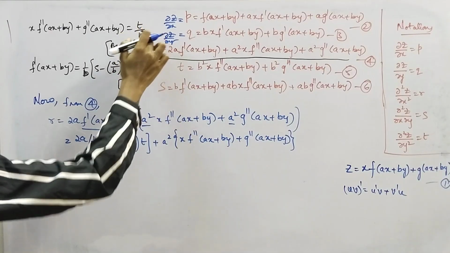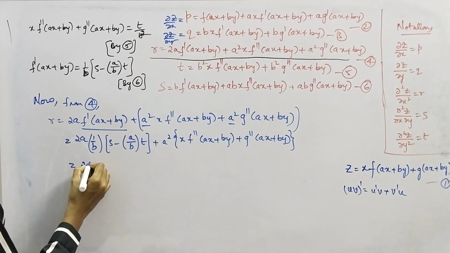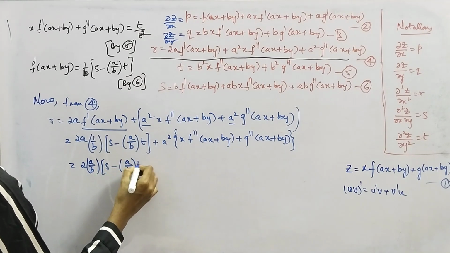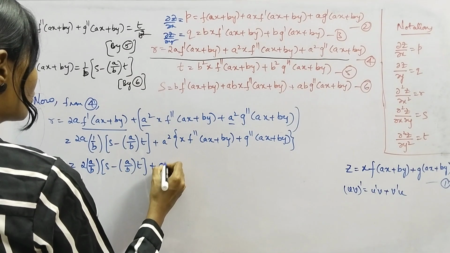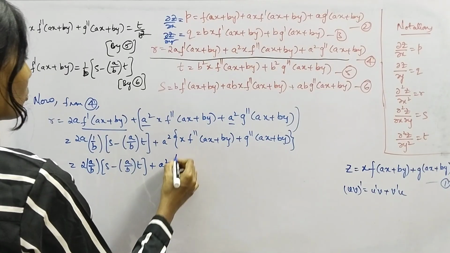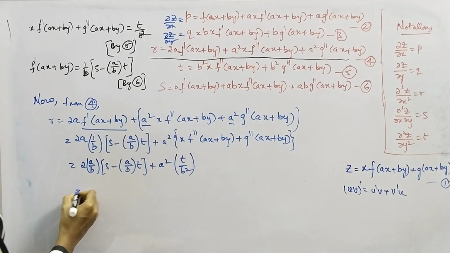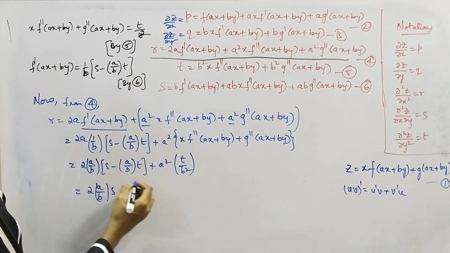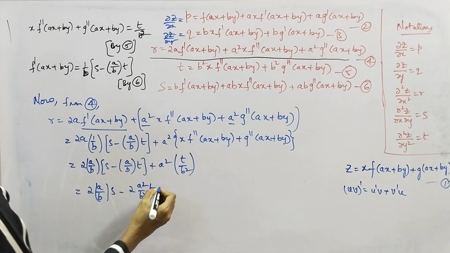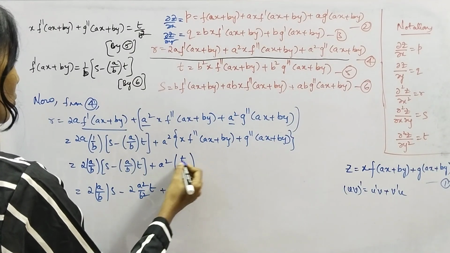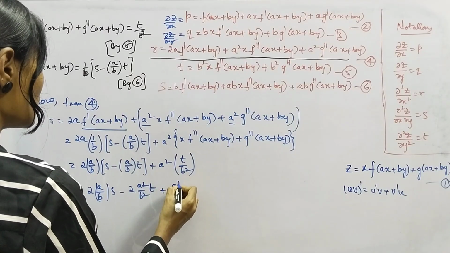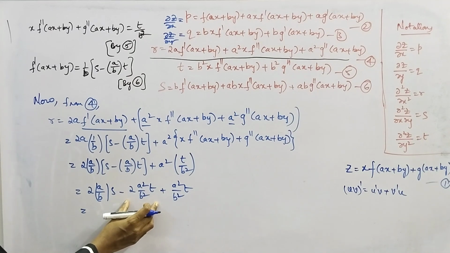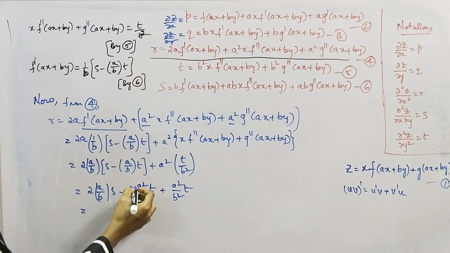Now we'll replace this by t by b square. This gives us 2 into a by b s minus a by b into t plus a square into x f double dash plus g double dash can be replaced by t by b square. This gives us 2 a by b into s minus 2 a by b into a by b is a square by b square into t, plus a square into t by b square is a square by b square into t, right?